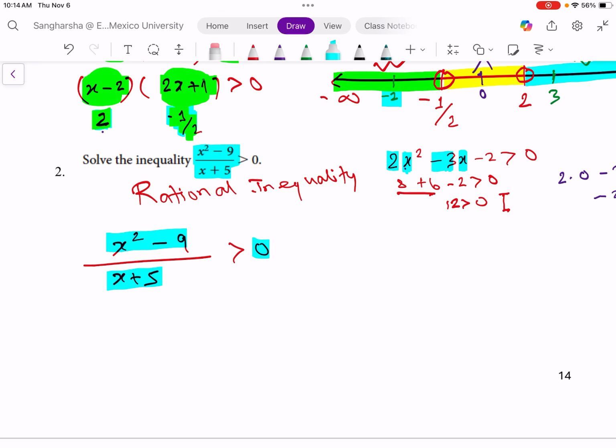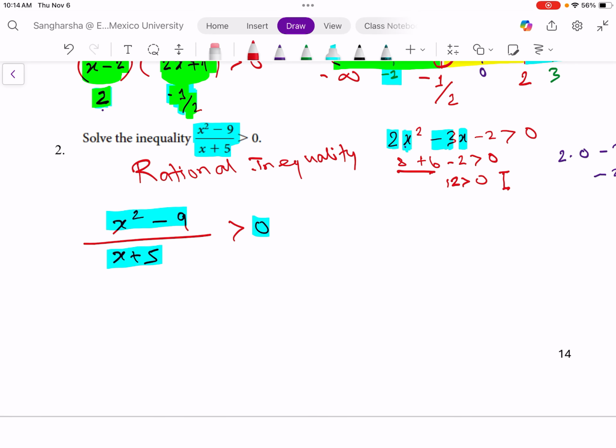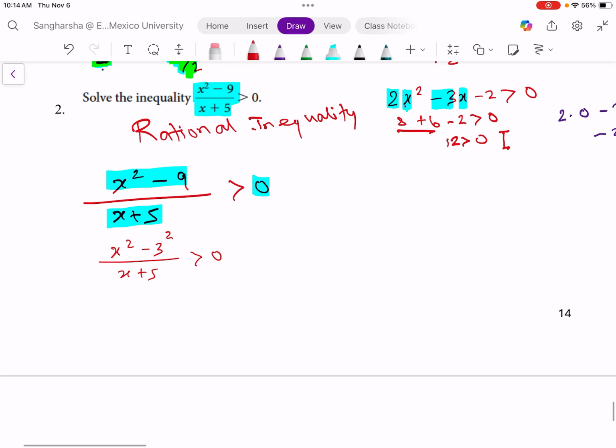Now how do we factorize x squared minus 9? We can rewrite 9 as 3 squared, right? We have x plus 5 as it is, greater than 0. Now, what do we have? A difference of two square terms.